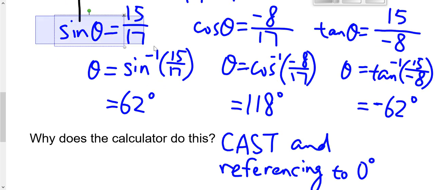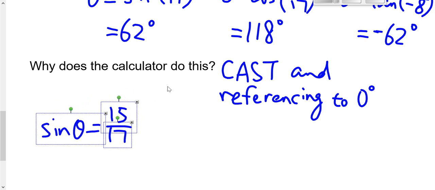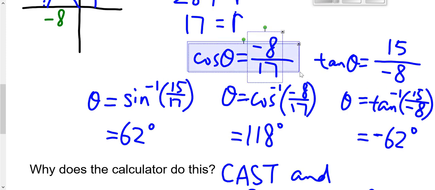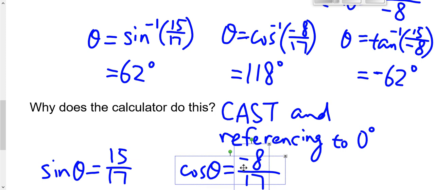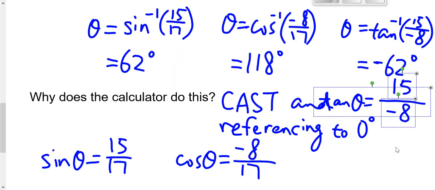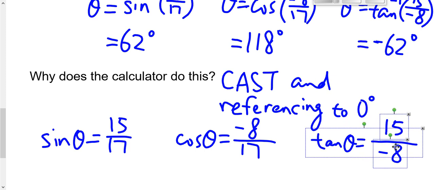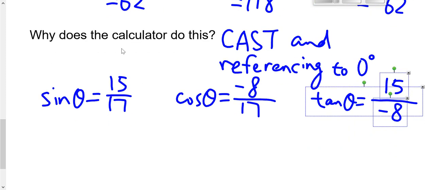If it still doesn't make sense, I will quickly do this here to help you visualize this and also show you something fascinating. All right, so let me just bring all this down here. How come your calculator would do something like this? As I mentioned, CAS and referencing the 0.